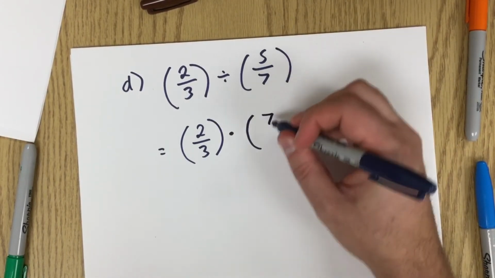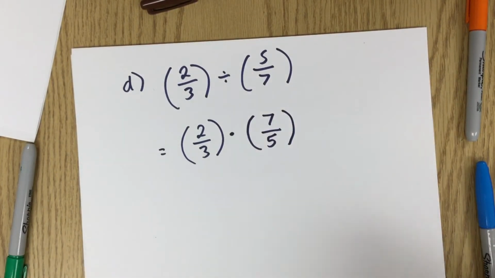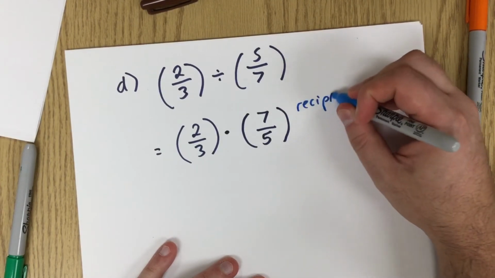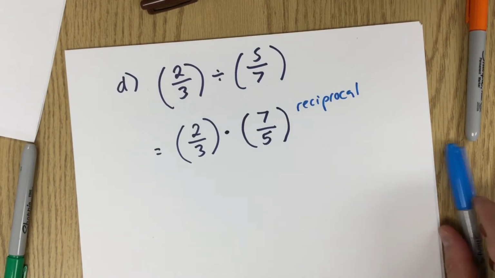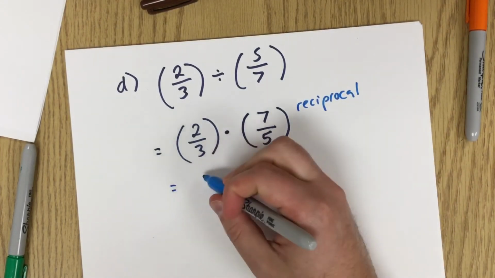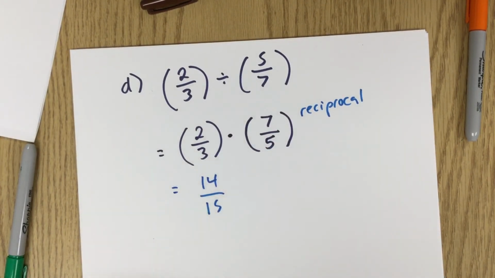And then we take the reciprocal of the second fraction. Reciprocal is we flip it. So the bottom becomes the top and the top becomes the bottom. So if we have a division, we're really just multiplying by the reciprocal. And 2 times 7 is 14 and 3 times 5 is 15.